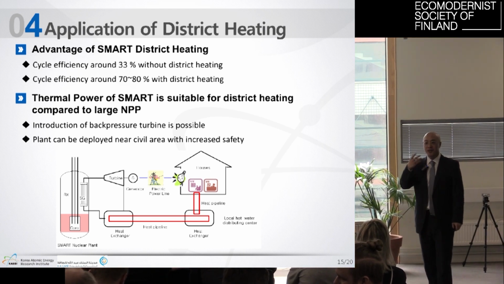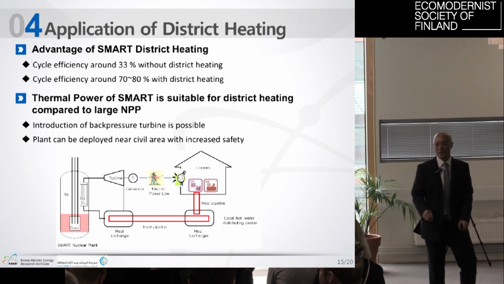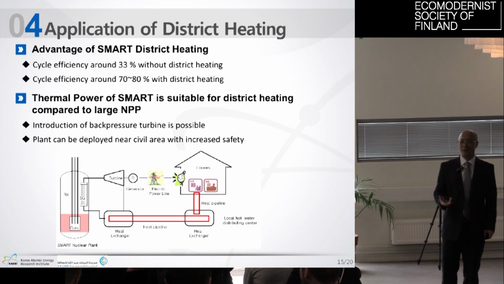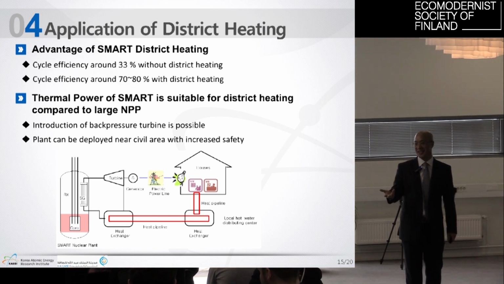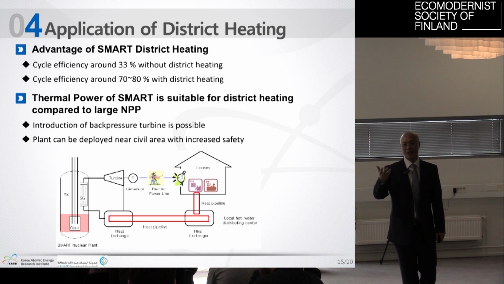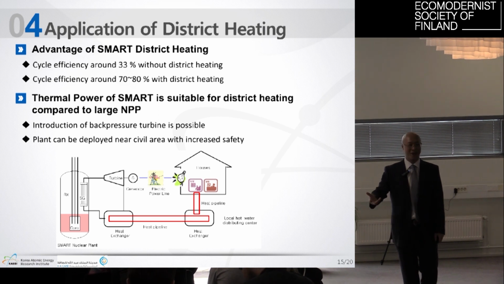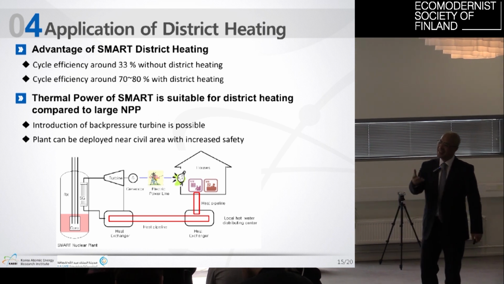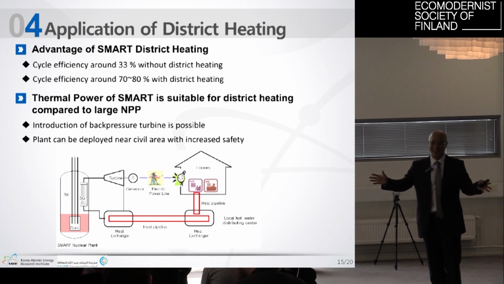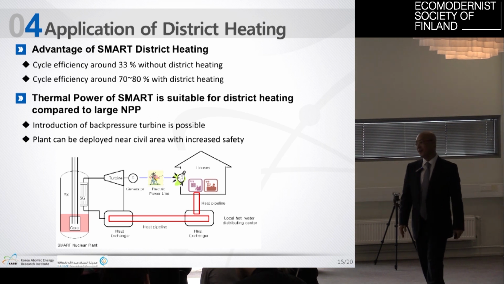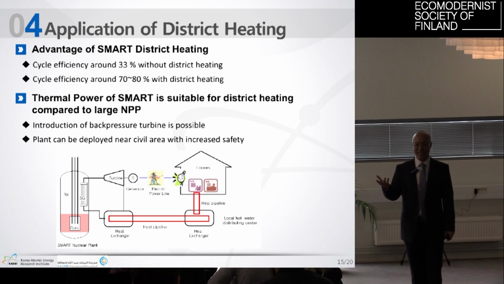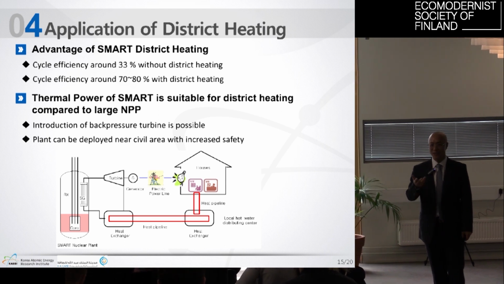Our first partner is Saudi Arabia, and recently we performed a feasibility study for the construction of SMART in Jordan. In these countries, heating is not a big issue. They are more interested in desalination using the SMR.